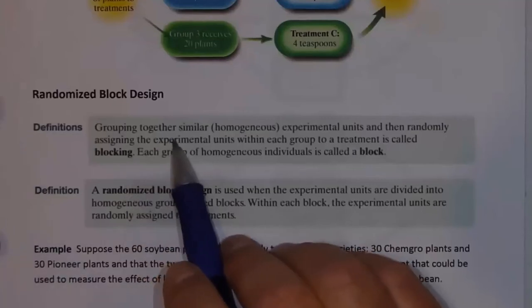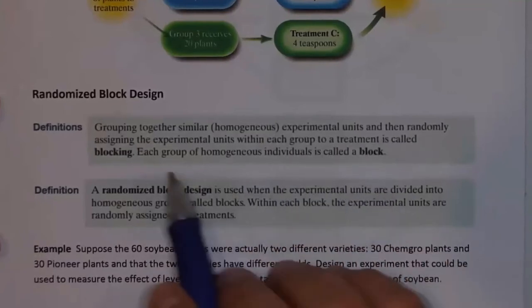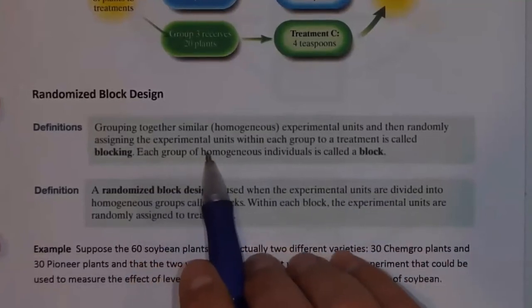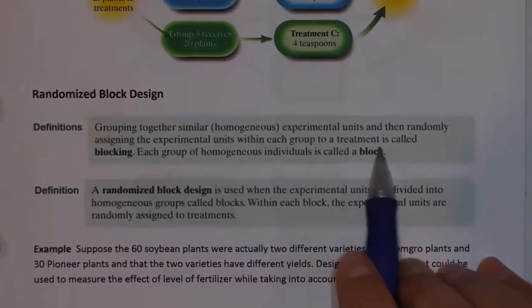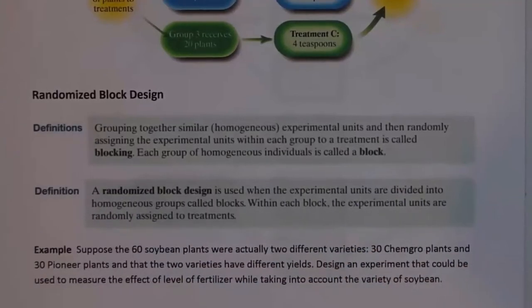So grouping together similar or homogeneous experimental units, and then randomly assigning the experimental units within each group to a treatment is called blocking. So like, for example, in my migraine problem, if I were to say group all the males and the females together, those could be blocks.